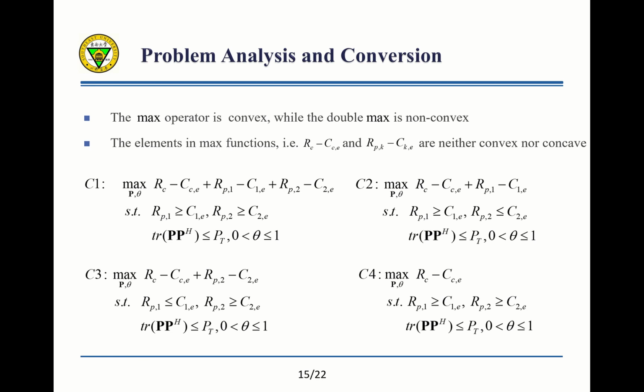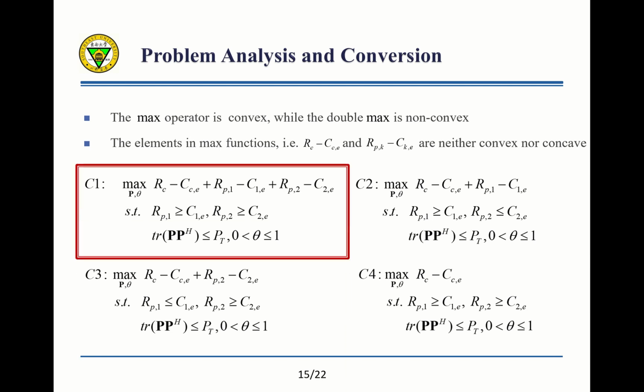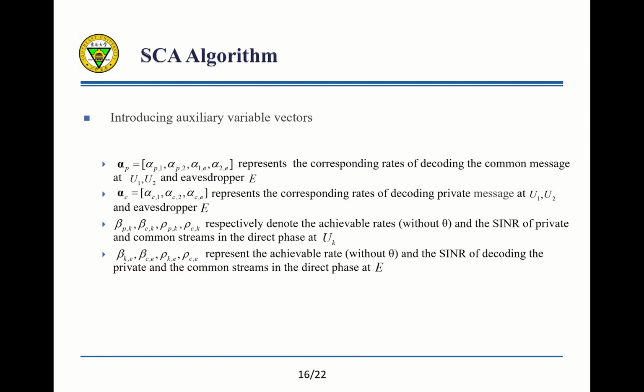As the non-convexity among all cases is similar, we next specify the optimization framework to solve case 1 for simplicity. To handle the non-convex problem in case 1, we need to introduce some auxiliary variable vectors.